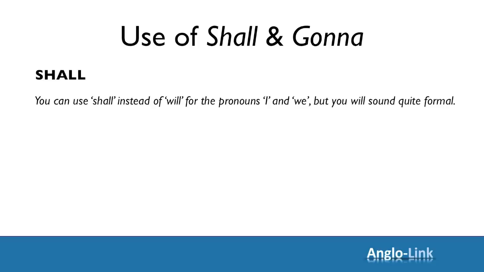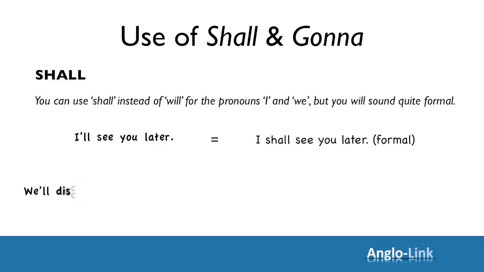You will be correct, but formal. So you might hear, or you might say in a formal situation, instead of "I'll see you later," you can say "I shall see you later." "We'll discuss this tomorrow." If you want to sound more formal, you could say "we shall discuss this tomorrow."